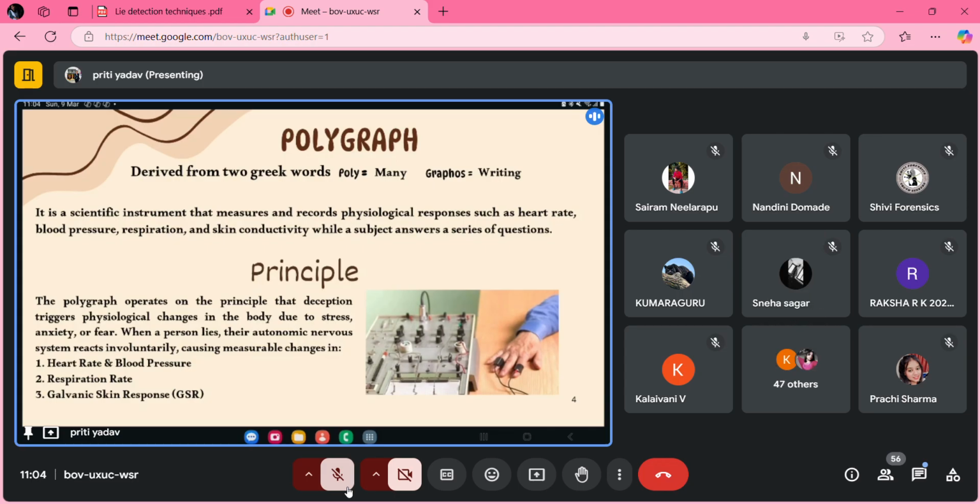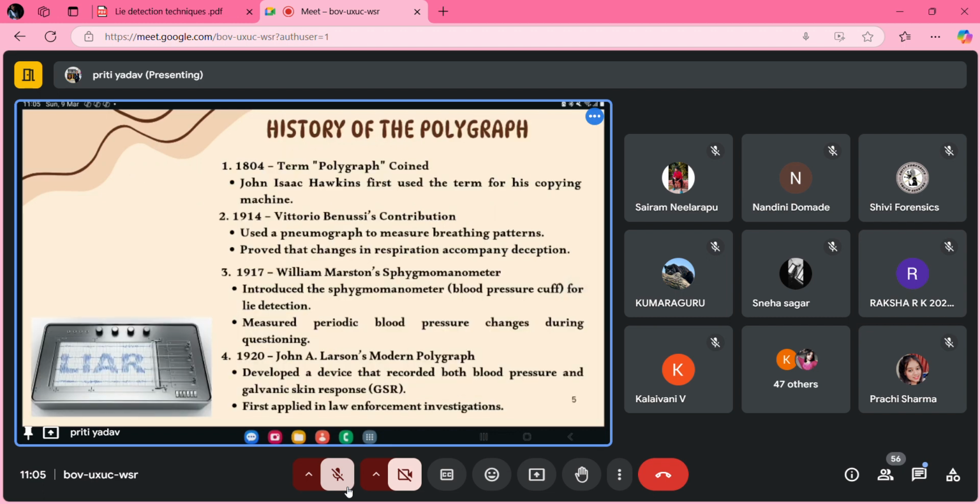The principle is simple. When we lie, our body reacts due to anxiety. Heart rate, BP, breathing rhythm, and perspiration all increase, which the polygraph records.